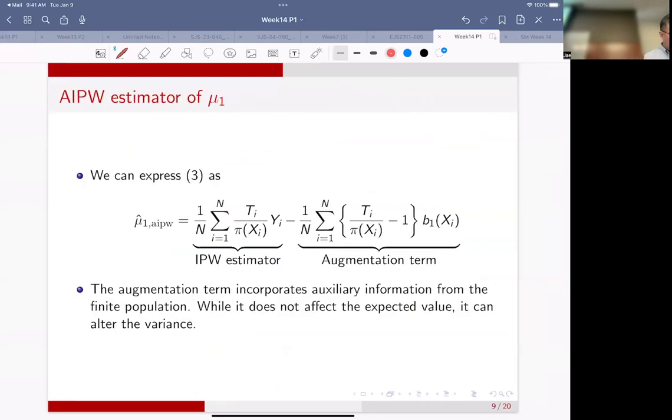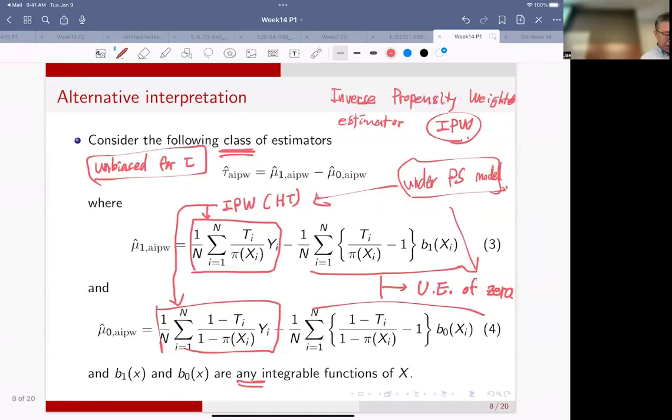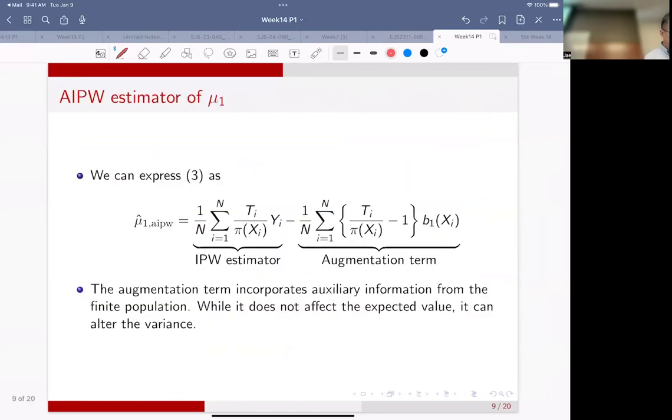So another interpretation is that, okay, here you can view it as an initial estimator, which is the IPW estimator, in the beginning. And then you have an augmentation term. What that means is it has mean zero, I mean, zero expectation, to be more accurate.